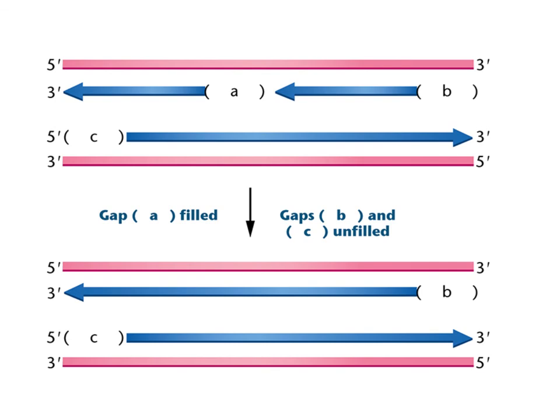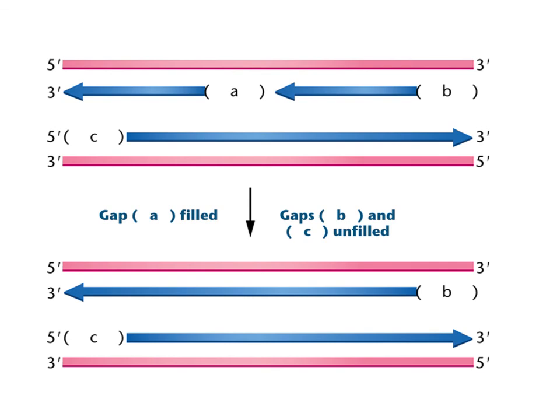And so that little tiny gap has to be spanned, that connection, that phosphodiester bond, has to be made using another enzyme called ligase. Ligase, you can think of it as a molecular glue. Okay, so gap A gets filled through the action of DNA polymerase removing the primer and ligase gluing together that last little phosphodiester bond. But we still have C and B unfilled.